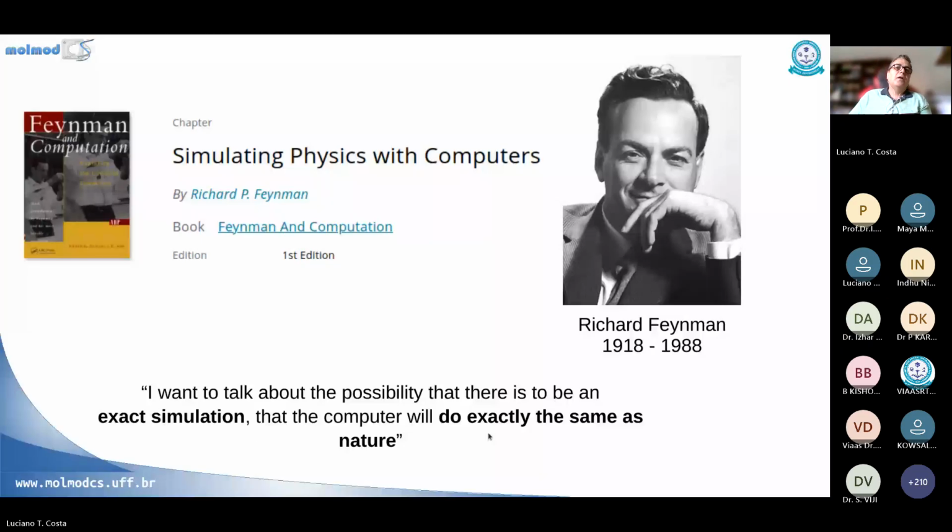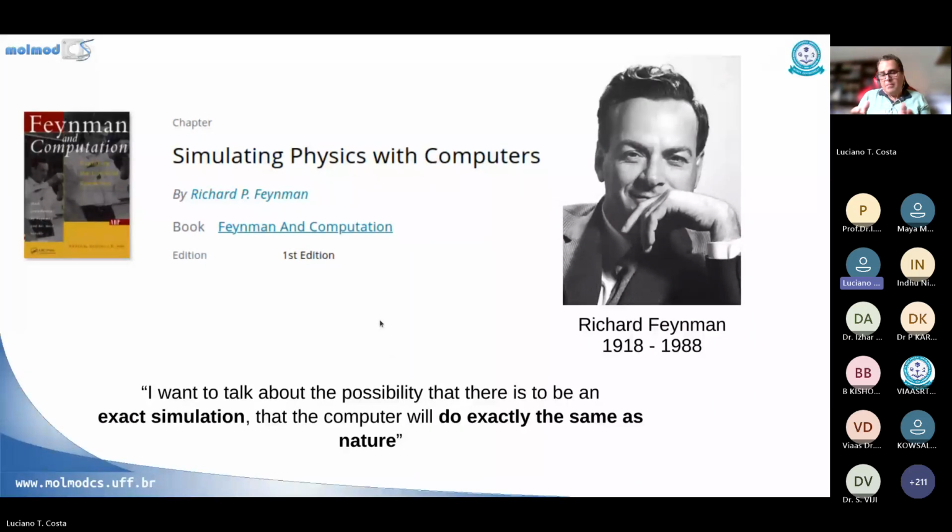So maybe, I don't know, Richard Feynman was right. And I guess the development that we can see in the near future could help us simulate the systems in nature quite close to the exact way to live.